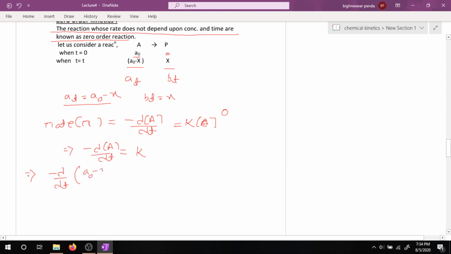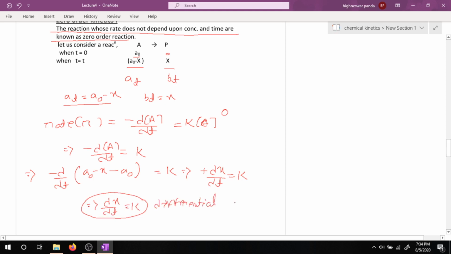That is A naught minus x, minus A naught, and that will be equal to minus dx by dt, so that is plus dx by dt is equal to K. So dx by dt is equal to K. This is the differential zero order form, and this is considered equation 1.